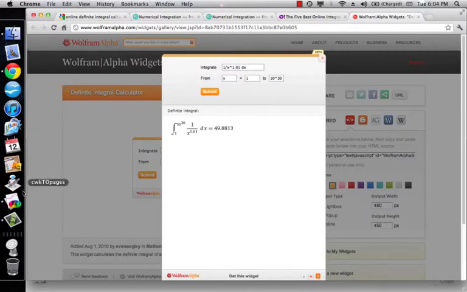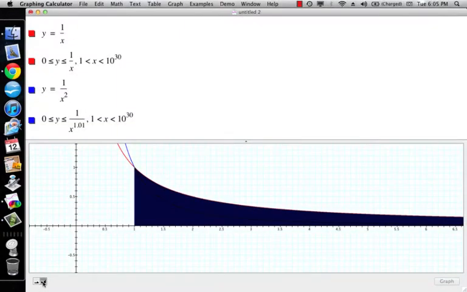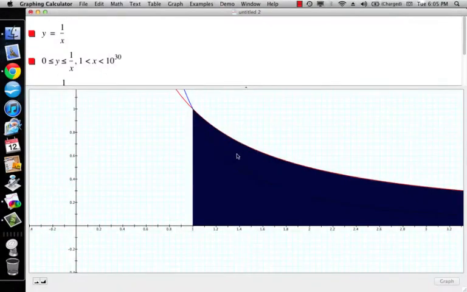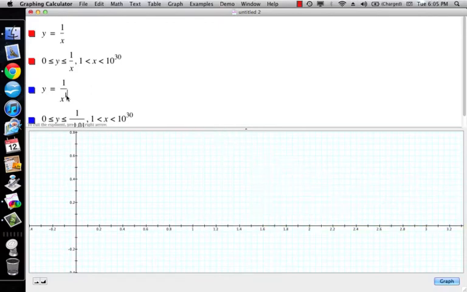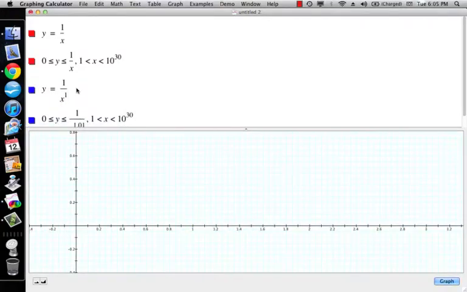Even though we can't really tell the difference between the blue and the red on this graph, there's just the tiniest little sliver between them.